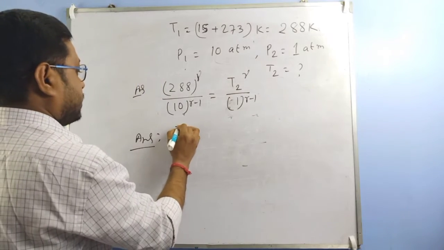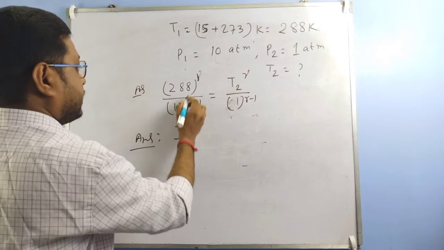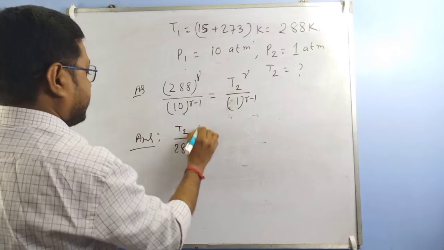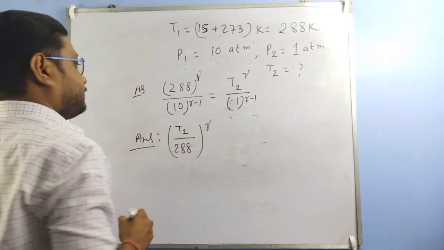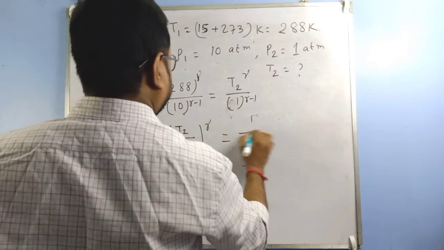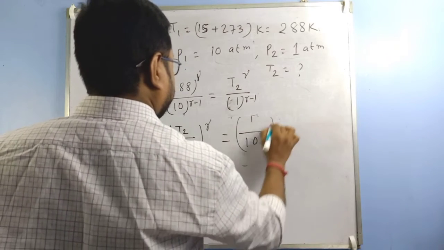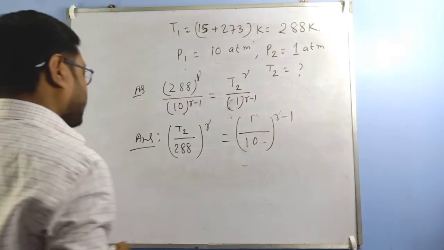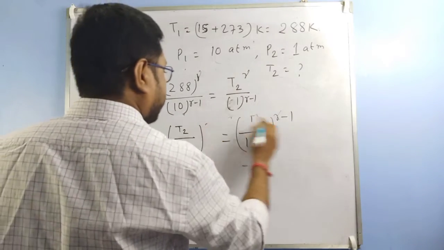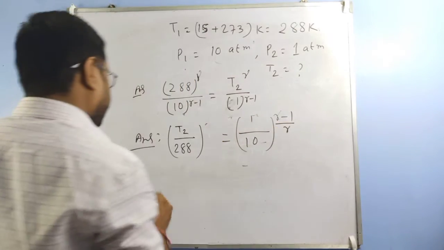So T2 by 288 to the power gamma equal to 1 by 10 to the power gamma minus 1. If we divide the power by gamma, then we can get gamma minus 1 by gamma.